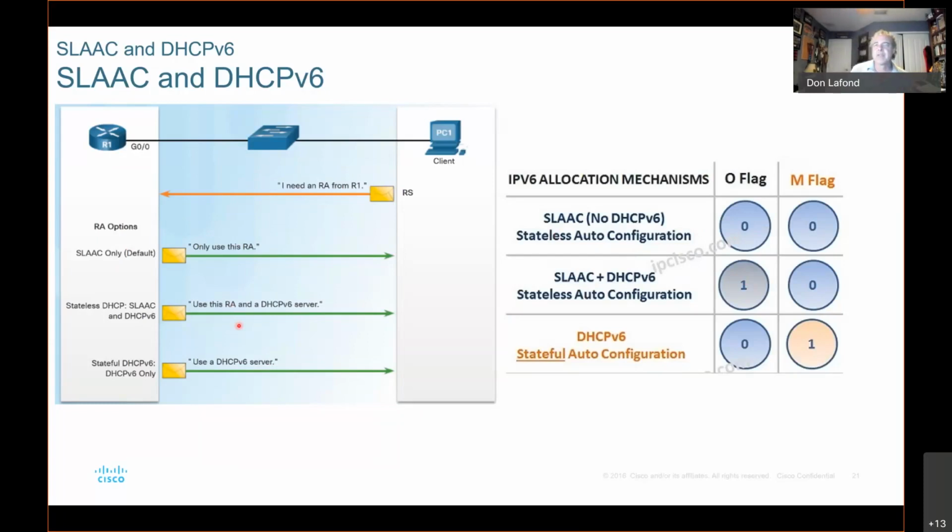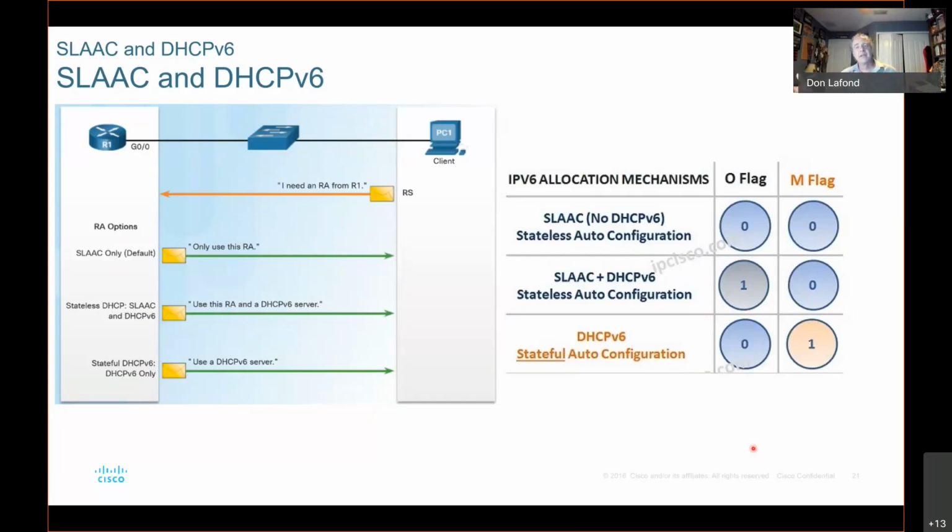So some of it is going to be created, for example, the address may be created automatically by the device, but go out and get the domain and the DNS server from the DHCP server. That's what the other flag set. Other information is gotten, but not all of it.